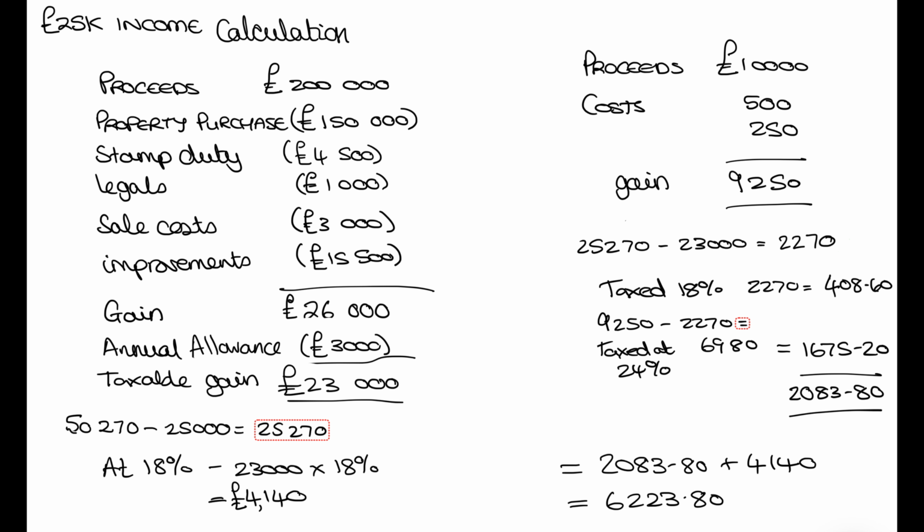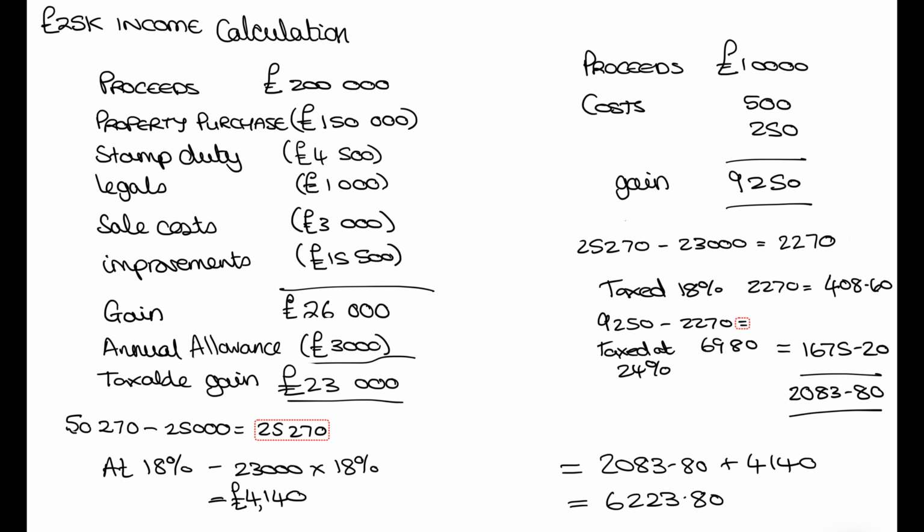This is quite a key question. We're saying here we've earned $25,000, which means of our $50,270 basic rate band, we have used $25,000, so we still have $25,270 of our basic rate band.